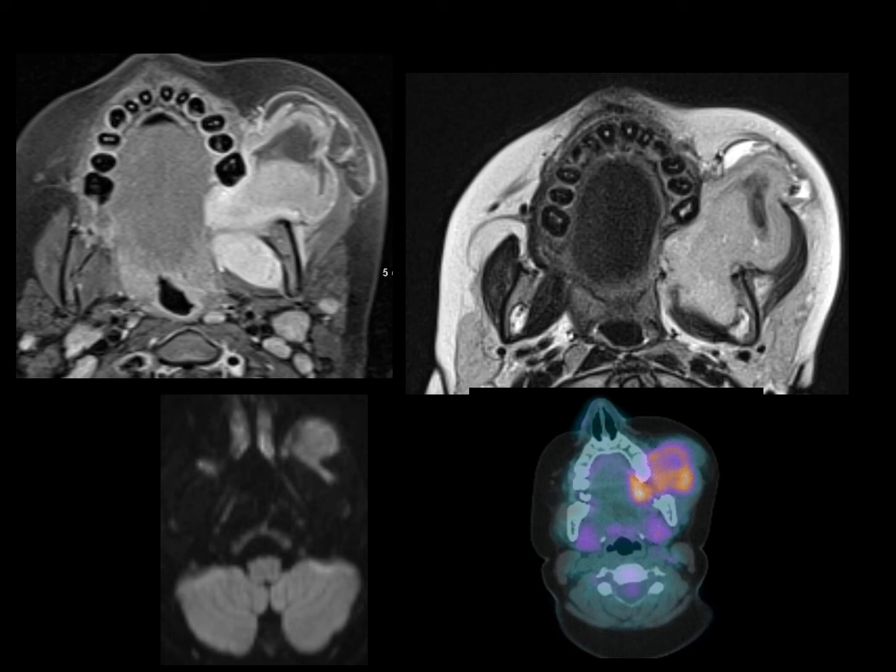This is a rhabdomyosarcoma. We also have a PET, but the T2 we didn't do a STIR. This is a normal T2, and look, the bright signal of the fat in the scalp base, in the soft tissue of the face and the scalp overlap with the signal of the mass. So in this case, this was a mistake. We had to do a T2 STIR.